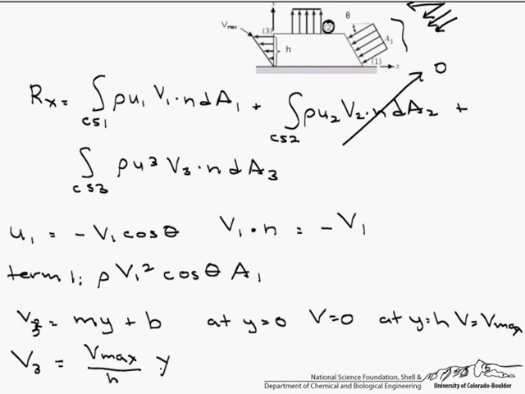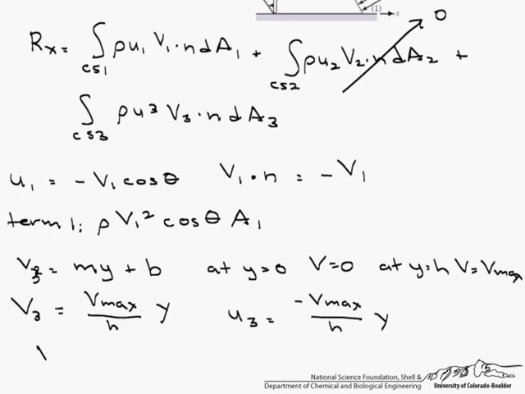So, since v3 is v max y over h, we need to find u3, and if you notice, it's in the negative direction, so that's minus v max y over h.